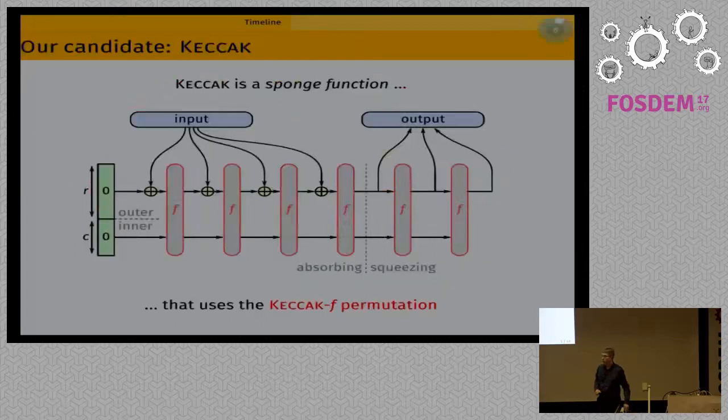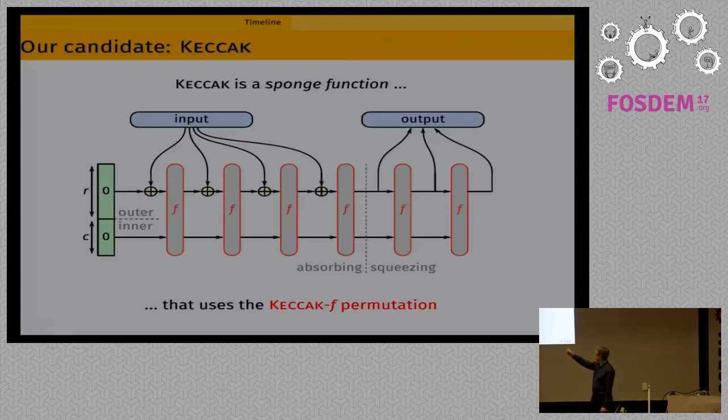So our candidate was Keccak. So Keccak is a sponge function, which is somehow the generalization of a hash function. And it works like in this drawing. So there is a state which is initialized to 0, and then the input is cut into blocks. These blocks are processed one after the other.